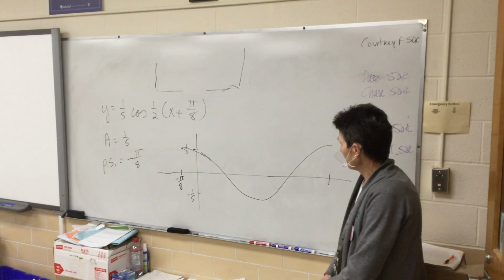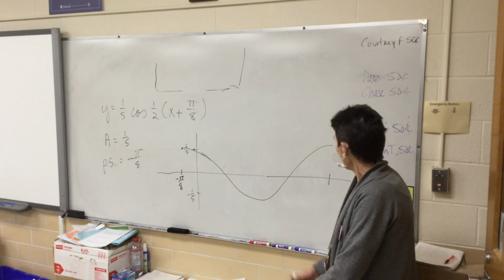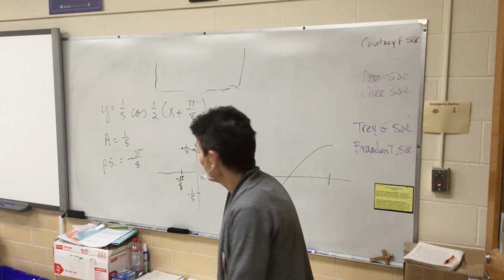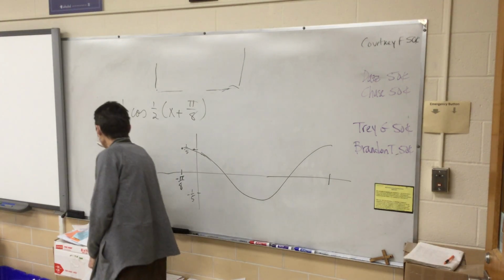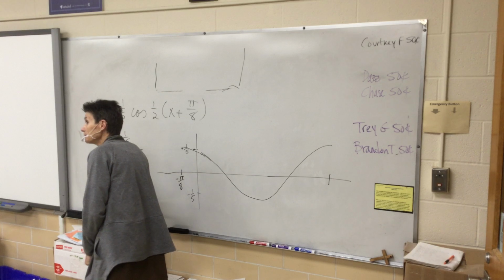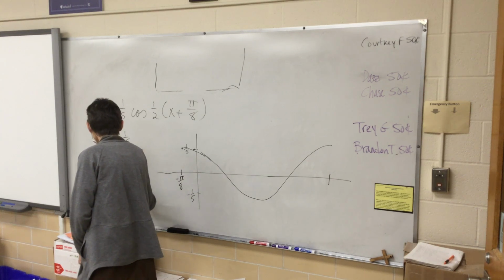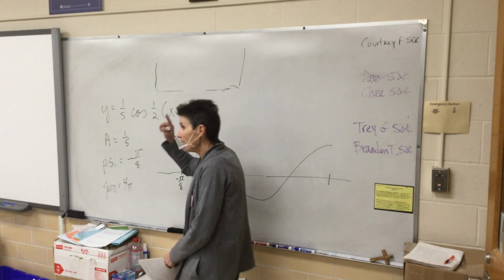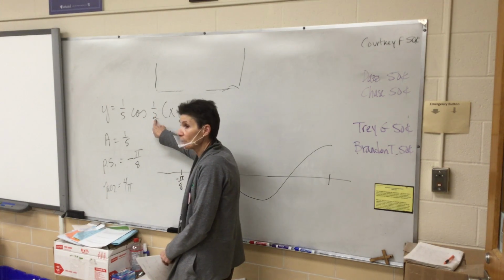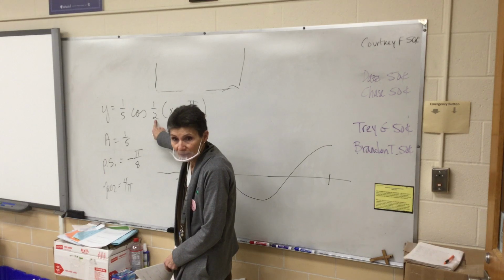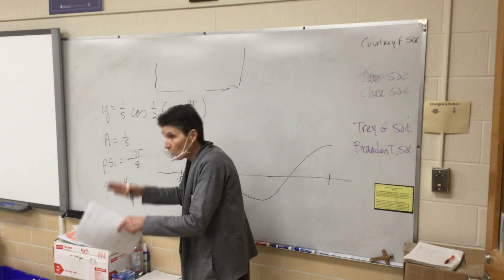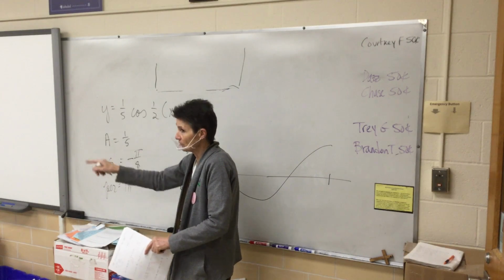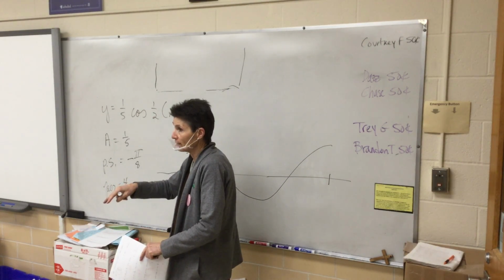Maybe it ends somewhere. I can't figure out where it ends unless I know its period. What's the period of this thing? 4 pi. Absolutely. How did we get 4 pi? He remembered that this number divides the period. So the normal period is 2 pi, always and forever for a sine and cosine. 2 pi is a starting point.